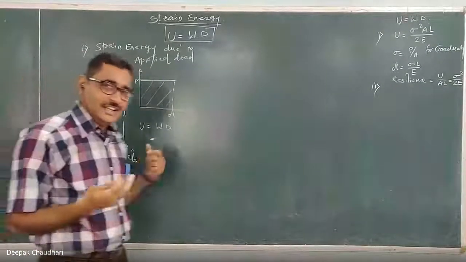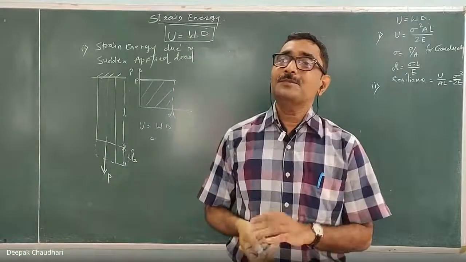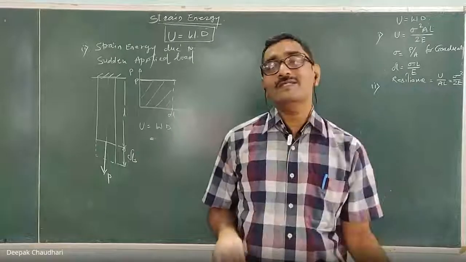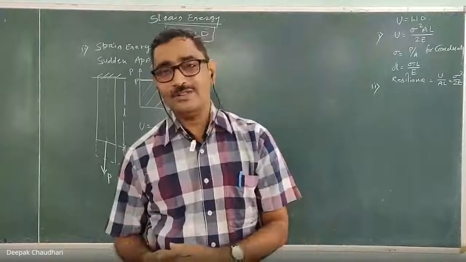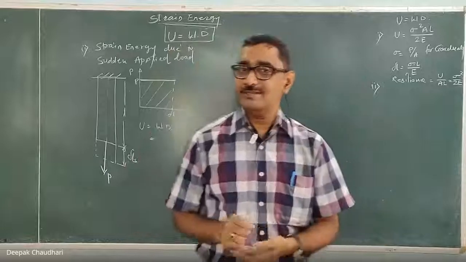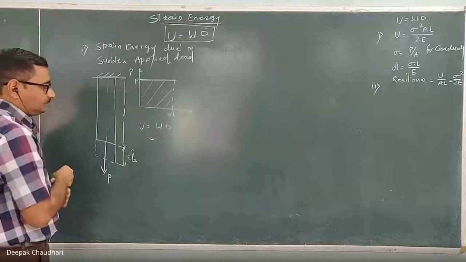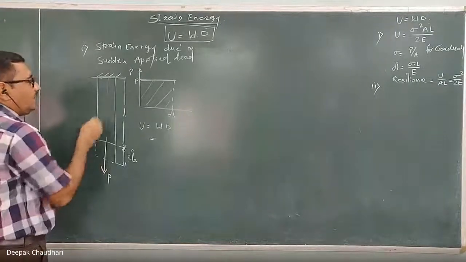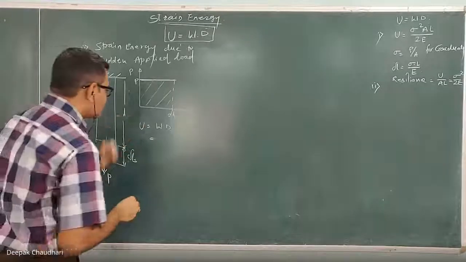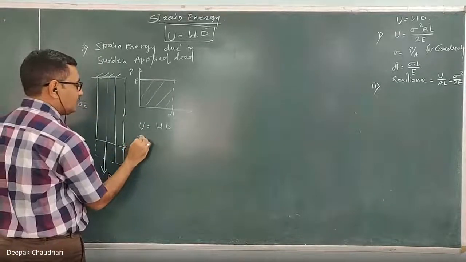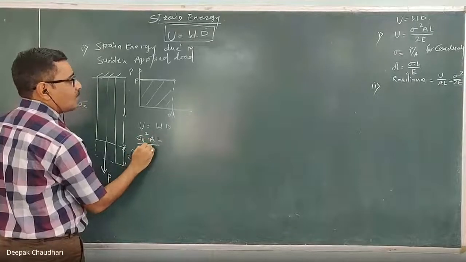Just as delta L differs, the stress will also not be the same for the gradually applied load and the sudden applied load. The value of stress will change. Understood? So if the stress induced due to the sudden applied load is sigma suffix S, then the strain energy stored is equal to sigma S square into area into L upon 2E.